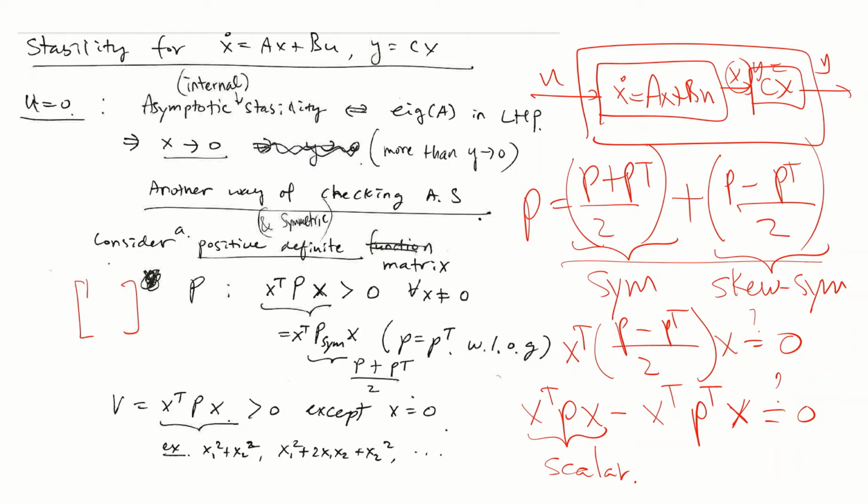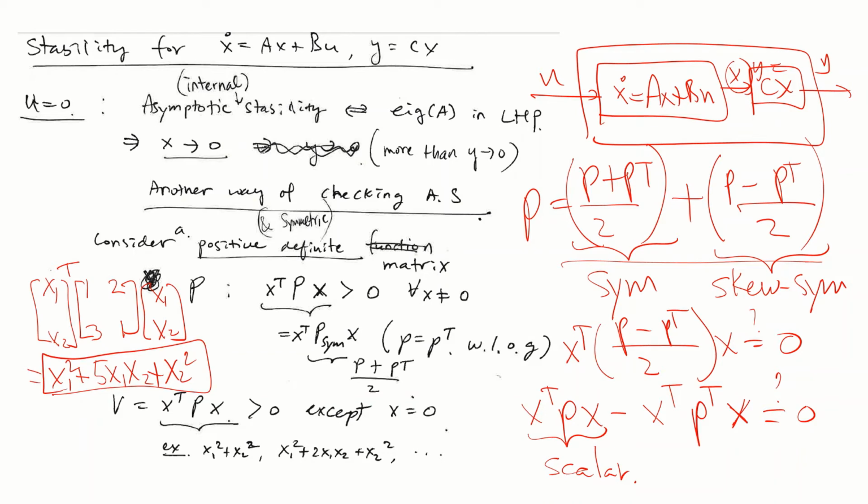For example, with P being 1, 1, 2, 3 and x being x1, x2, you get x1 squared plus 5 x1 x2 plus x2 squared if you do the multiplication. So this is just a number, not a vector anymore.